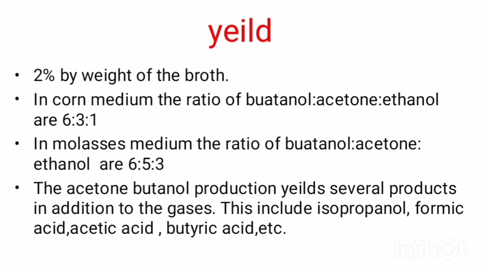The acetone-butanol fermentation yields several other products in addition to the gases. It includes isopropanol, formic acid, acetic acid, butyric acid, etc. Acetone and butanol are recovered through continuous distillation process and fractionation.